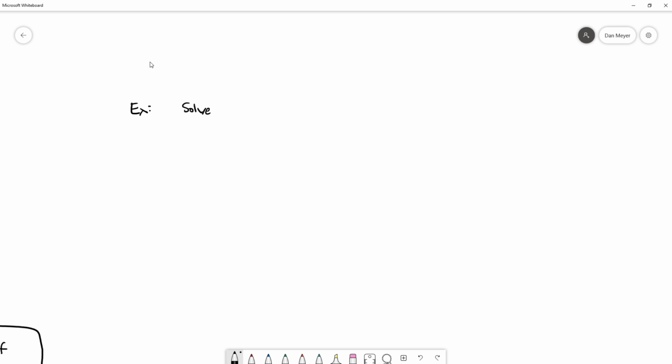Solve S is equal to 2 times LW plus HW plus HL for H. Okay? Now I guess another way to describe this is to isolate H. Again, that means get H by itself on one side and all the other variables and numerical stuff on the other side.